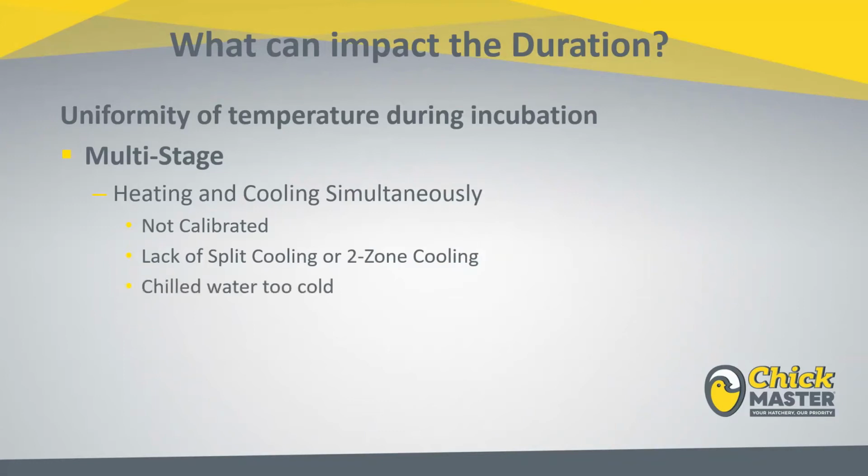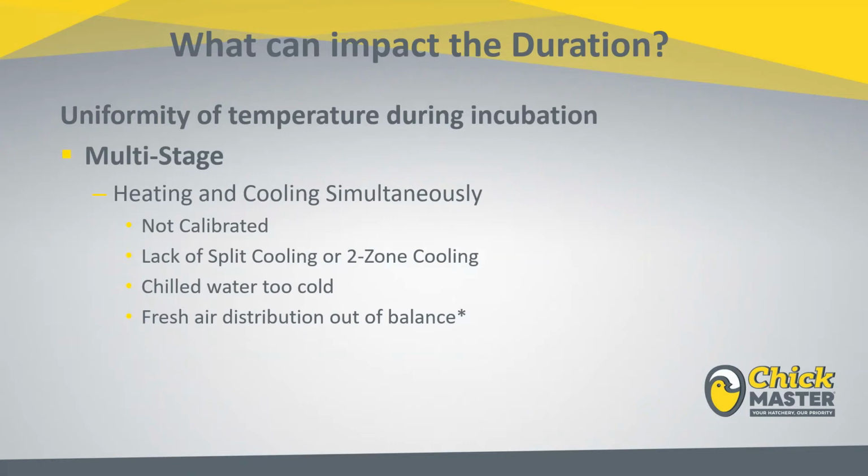Chilled water too cold, or fresh air distribution out of balance. So when we look at the classic, we recognize that the fresh air enters the fresh air intake damper on the front of the machine and then is distributed the full length of the machine through openings above each one of the 6 overhead fans. If in fact I'm allowing too much fresh air to be distributed in the front of the machine, then you'll see the front of the machine have to cycle heating in order to maintain temperature.